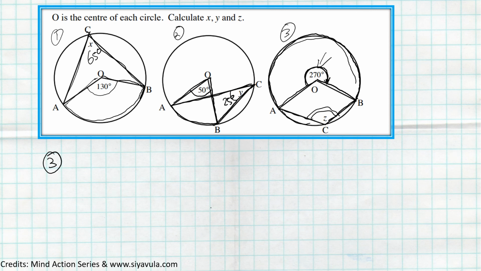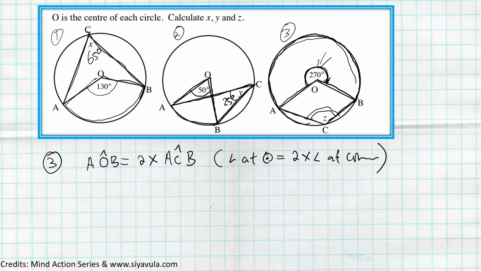What do we know? The theorem says the angle at the center, angle AOB, will be equal to 2 times the angle subtended by the same arc, but at the what? At the circumference. So angle at center is equal to 2 times angle at what? At circumference, right? Angle circum.